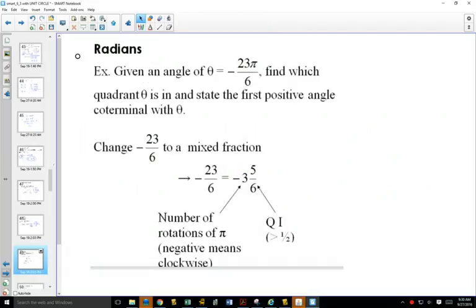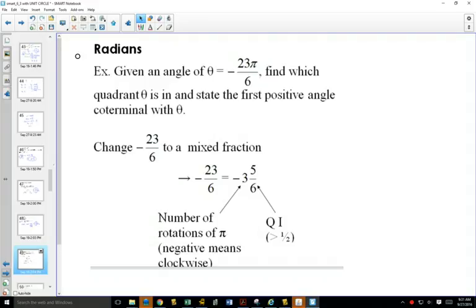In radians, we could do the same thing and take the angle that you have and divide it by 2 pi if you had your calculator. But for the most part, you will not have your calculator for these.